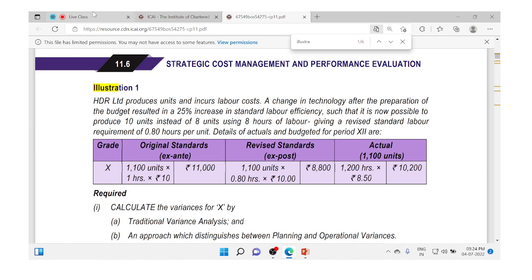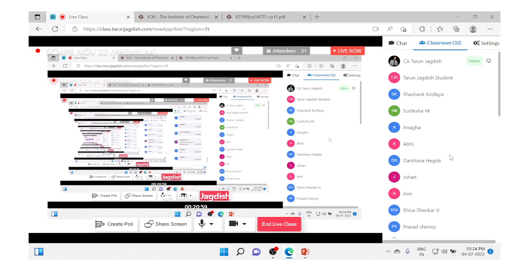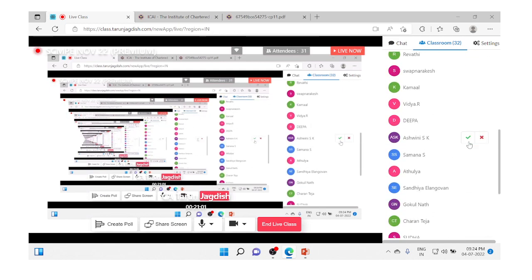Okay. Somebody has a doubt. Ashwini? Hello. Yes, Ashwini, tell me. So is it like all the variances, whatever we have calculated till now, like the material, labor, variable, fixed, everything, it is caused due to two factors, that is planning and operation.